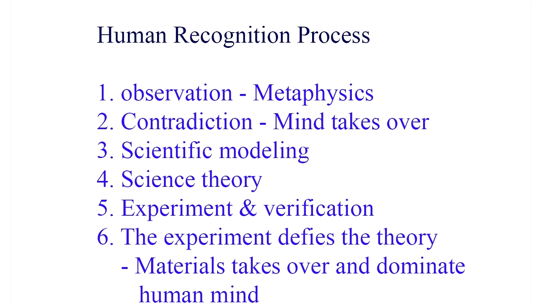The mind takes over means human mind and nature are two contradicting aspects, because human understanding doesn't explain nature, then it's a conflict. Contradiction. Humans find a contradiction of the understanding of nature, and they make a scientific model. After Darwin's observation, he found out the species keep changing depending on the ecosystem and environment. A scientific model is created.